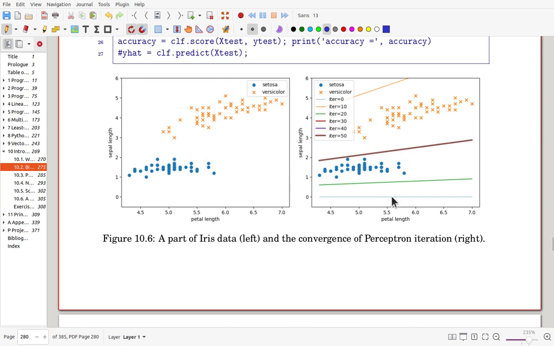The perceptron is initialized with 0, that, and then after 10 iterations, after passing 10 data points, it becomes that line. After using 20 points, it becomes that one. After passing 30 points, it came here.